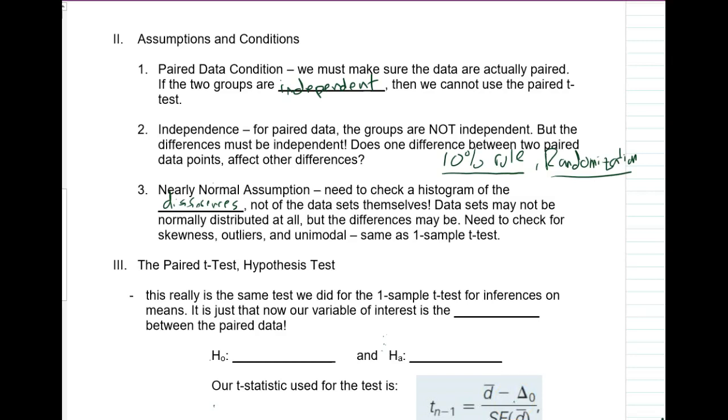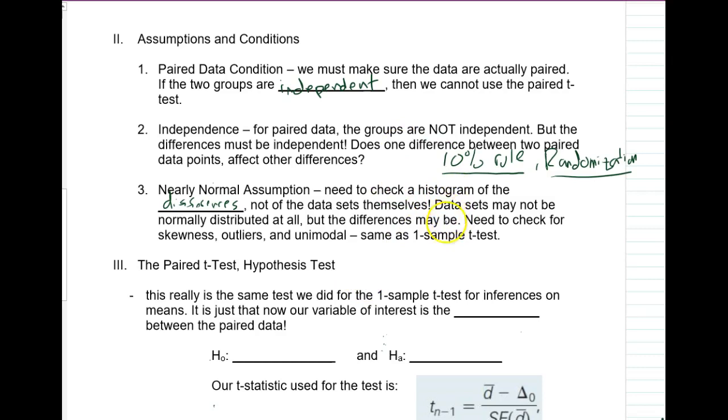It may not be as difficult to check or as strange as you might think, because the original two data sets could be very non-normally distributed, but the differences very well could be approximately normally distributed. So don't even bother looking at the histogram of the data, just run a histogram of the differences. And I'm going to show you how to do that in the TI-84 in a second.